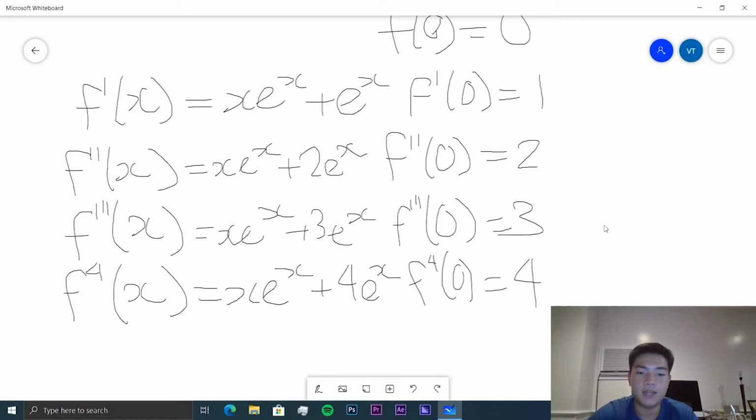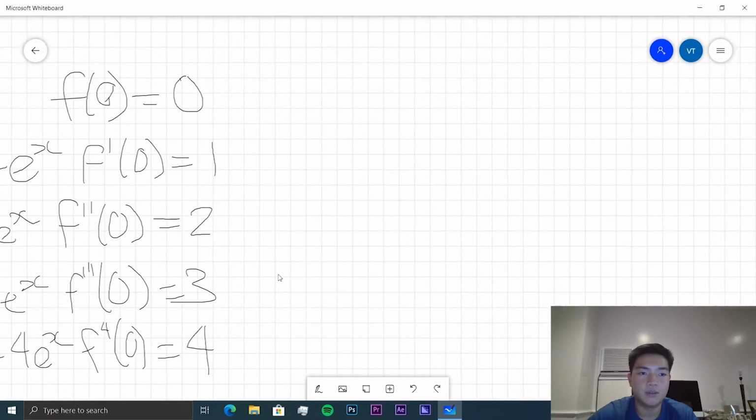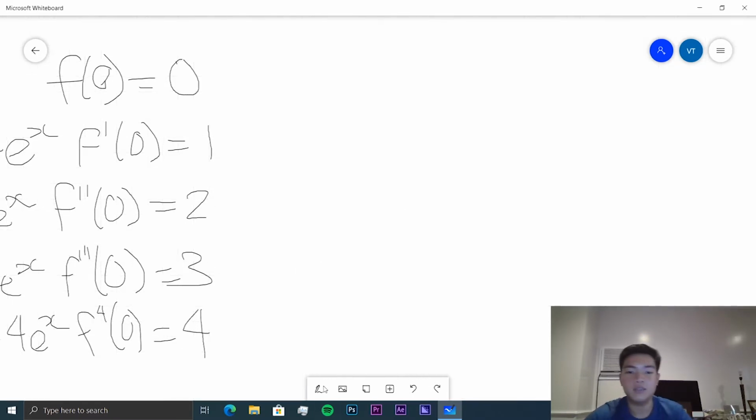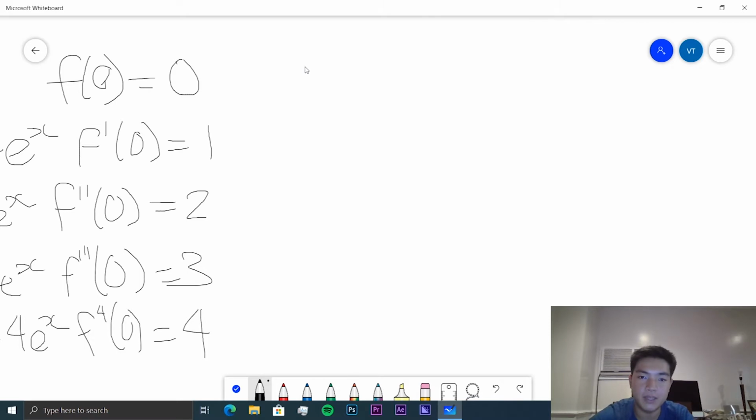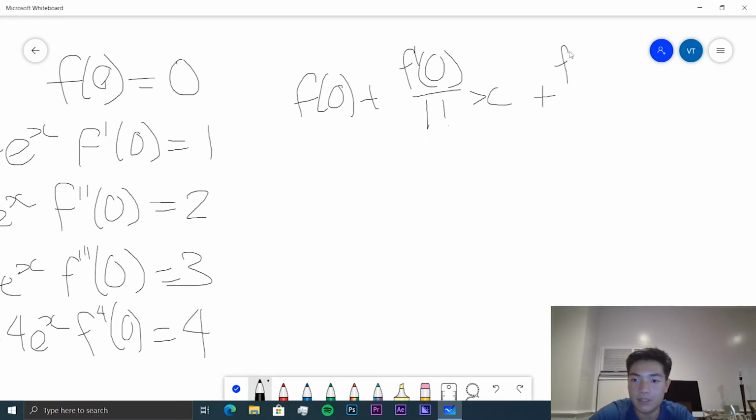So now we can make a polynomial. Because we have each of the derivatives, we know this polynomial will be in the form f of 0 plus f prime of 0 over 1 factorial times x plus f double prime of 0 over 2 factorial times x squared, and so on.